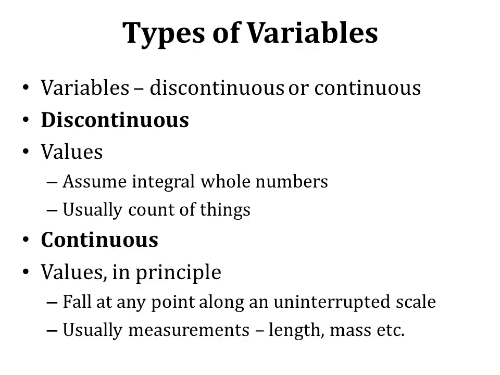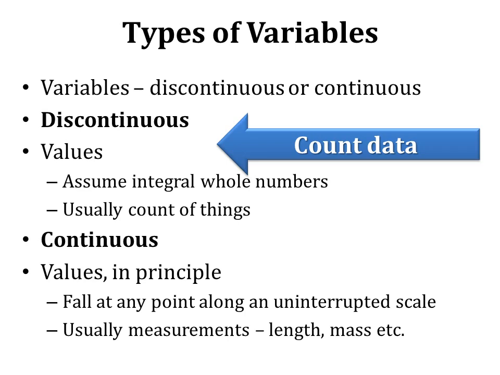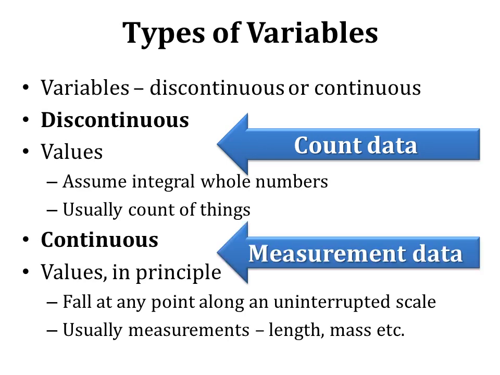And continuous variables are those in which values in principle fall at any point along an uninterrupted scale, and these are usually measurements, for example, length and mass. So the data based on the observations of discontinuous variables is known as count data or discontinuous data, and the data based on the values of a continuous variable is known as continuous data or measurement data.